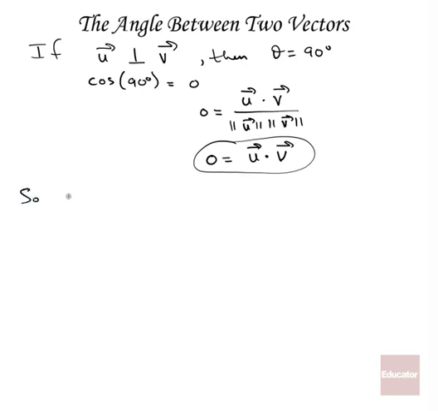So u and v are orthogonal if and only if u dot v equals 0. So if I'm given two vectors, I take the dot product. If they're equal to 0, I know that they're perpendicular. If I know that they're perpendicular, I know that the dot product is 0.